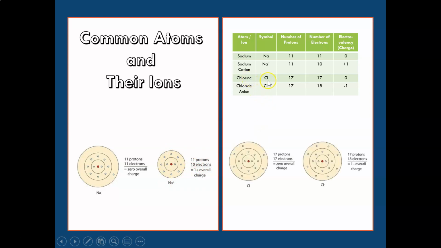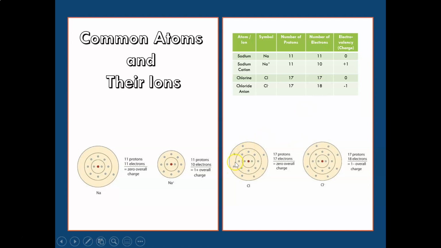All right, chlorine. Chlorine in the atomic form is 17 protons, 17 electrons, so it's balanced. However, chlorine, which is way over on the right-hand side of the periodic table, is a non-metal and attracts electrons easily. So here we've got chlorine in the outer shell.